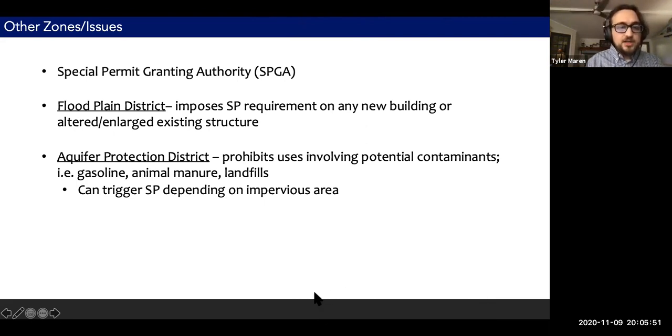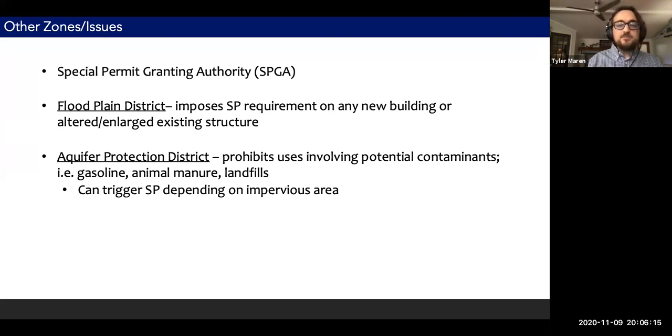Then there's the floodplain and aquifer protection districts. The Bedford Street overlay, when I was talking about that, I mentioned the aquifer district. Both of these are similar in that they're environmental protection overlays. And basically, the important thing for development is that they will require special permits. Floodplain, always for new development or expansions.